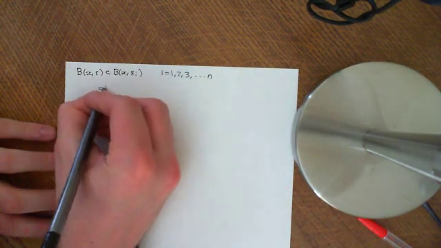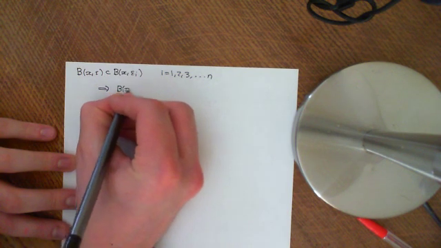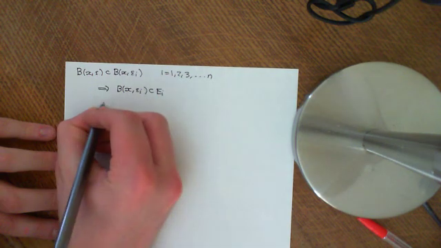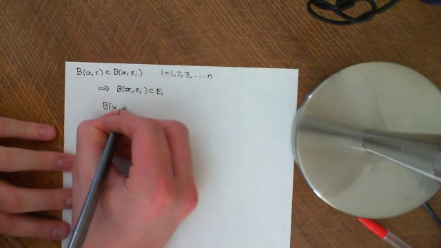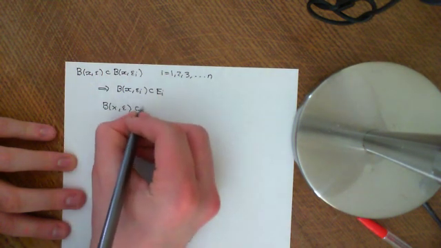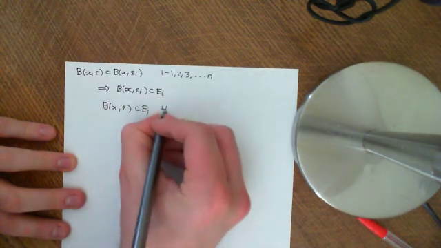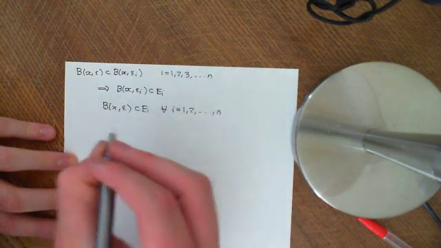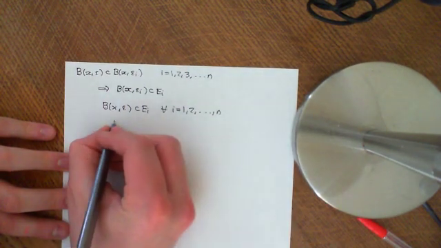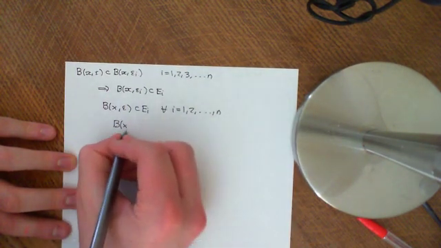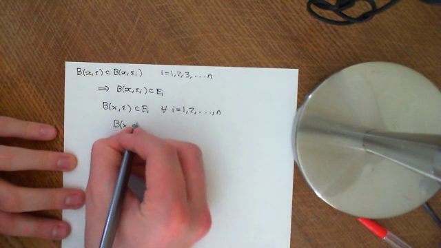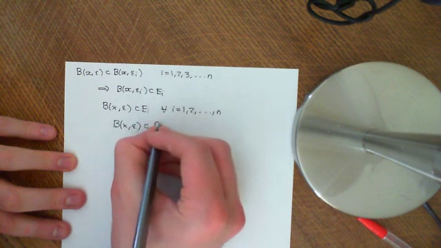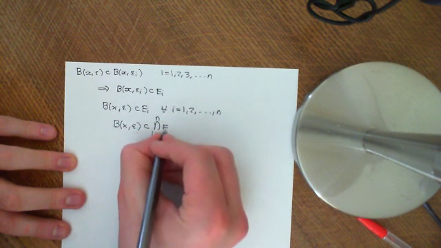Since the ball centre x of epsilon I was contained within EI, it implies that the ball centre x of radius epsilon is contained within EI for all I an element of 1, 2, all the way up to n. Now that implies that the open ball centred at the point x of radius epsilon is contained within the intersection of all of these sets. Since it's in all of them, it must be in their intersection.